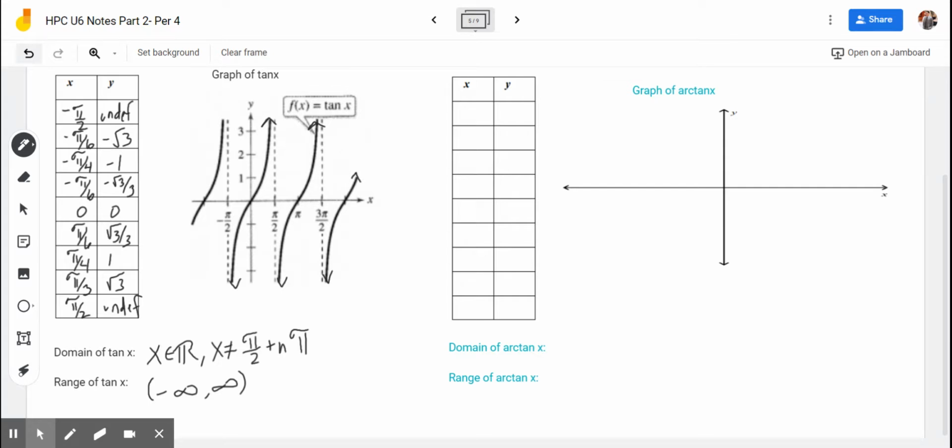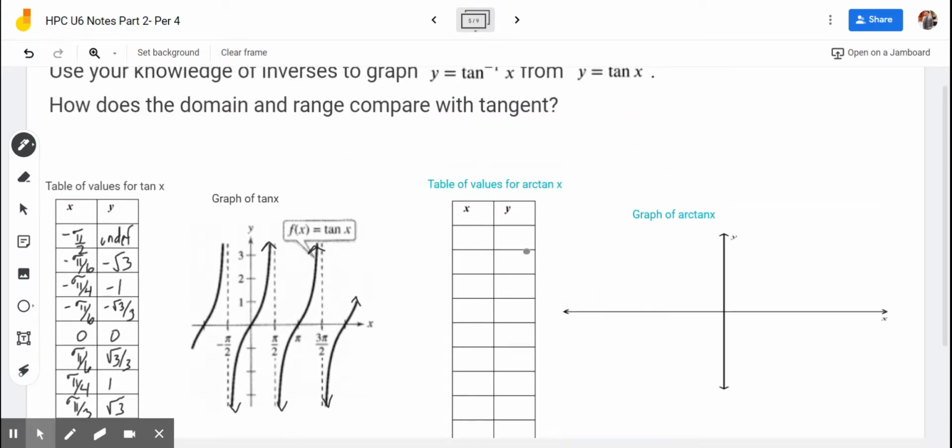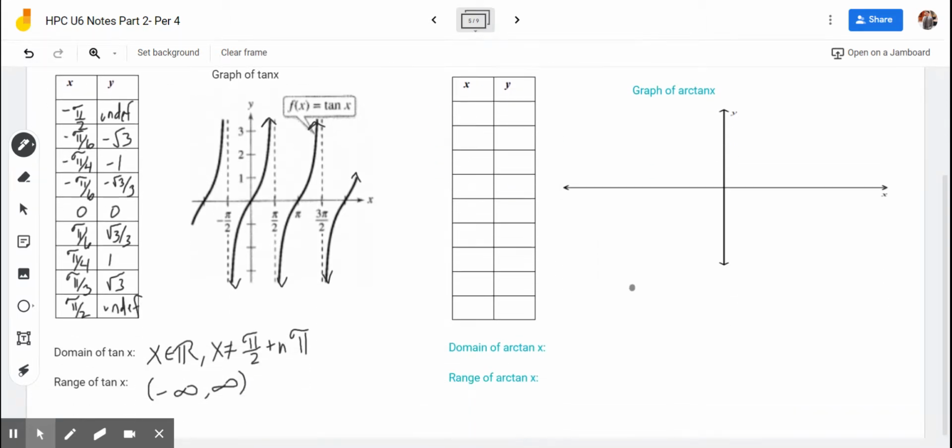But remember, for our inverse functions, we switch the inputs and outputs.